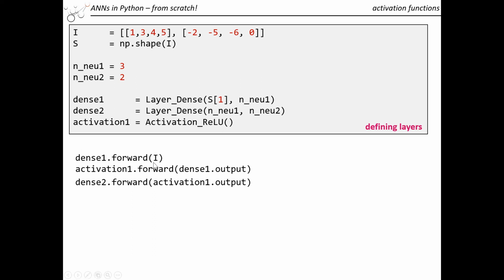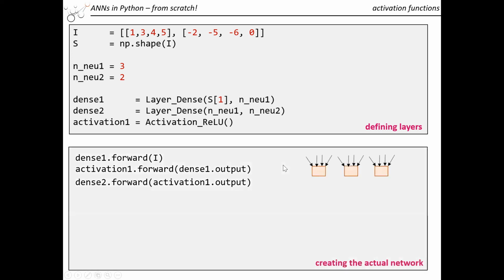So the first layer gets the input and it passes it on, then it creates an output. It passes the output on to the activation layer. It creates an output and it passes on the output to the next dense layer, which also creates an output. I also want to visualize this a bit in the graphics. So we have our three neurons here that get an input, which is 4D.